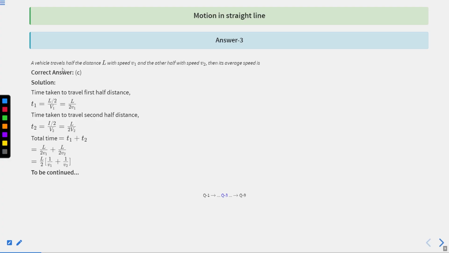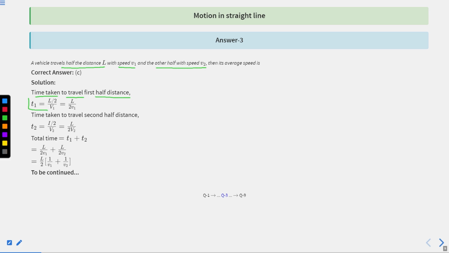Vehicle travels half the distance L with speed v1 and the other half with speed v2. Clear? So, in the first part, the time taken to travel half distance is this, T1 = (L/2)/v1.